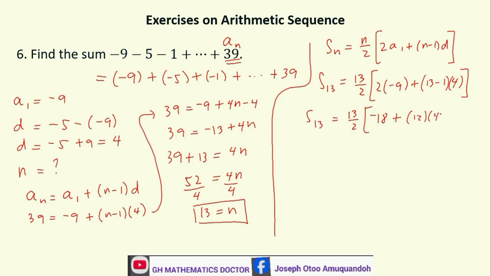Then you follow up with the simplification procedures to get the final value for the sum of the arithmetic sequence for this pattern.